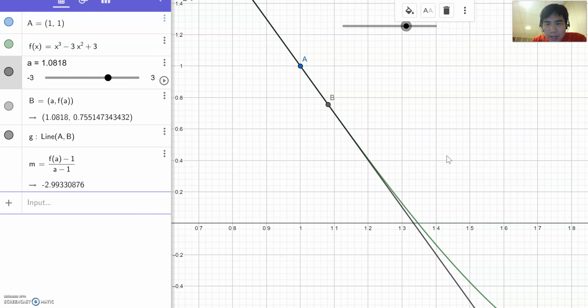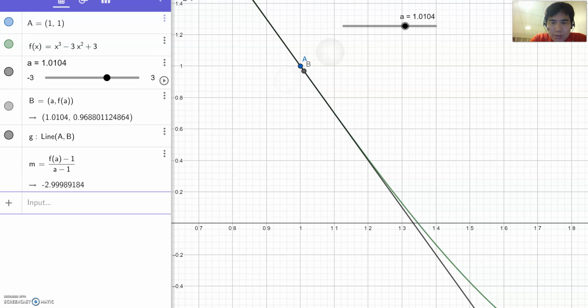Now as you see the y value, even though it still changes, it is approaching 1, and it looks like the slope is approximately -3. Do you see B is moving toward A?